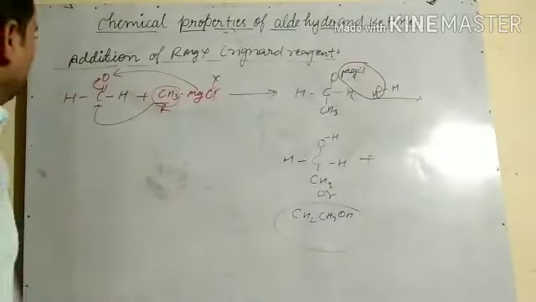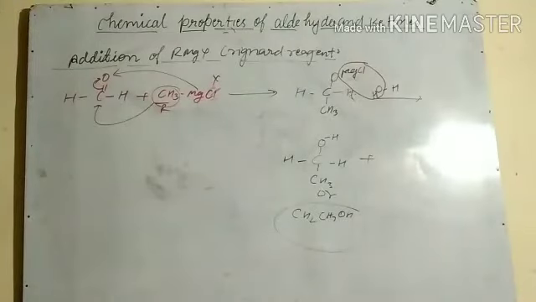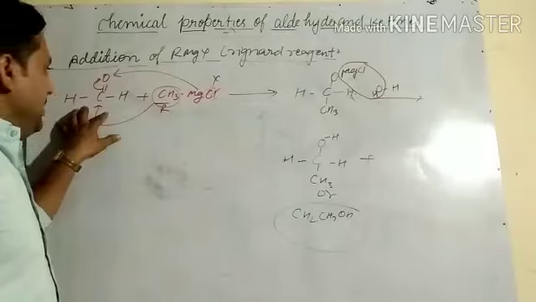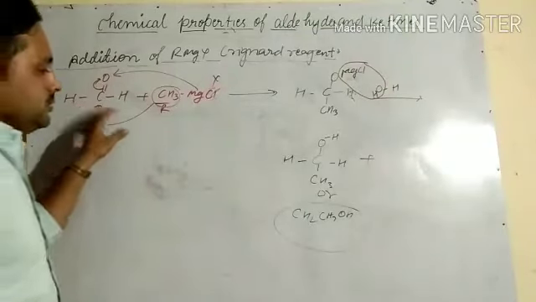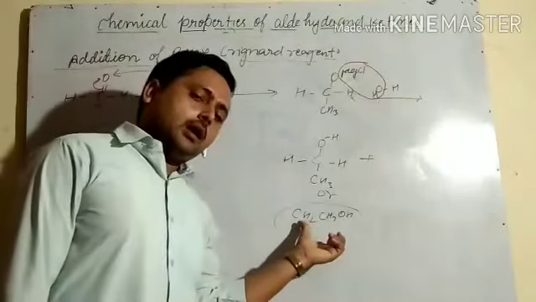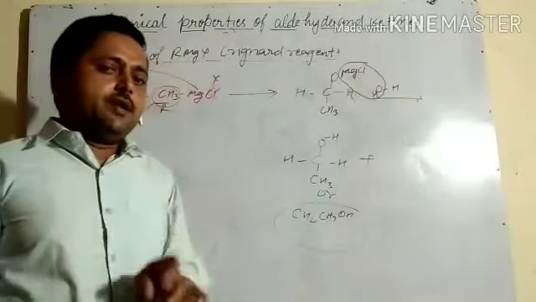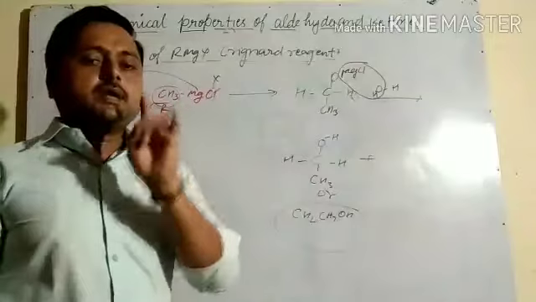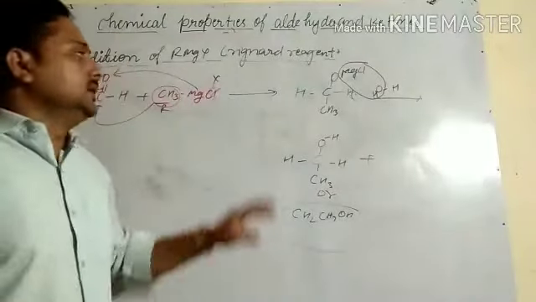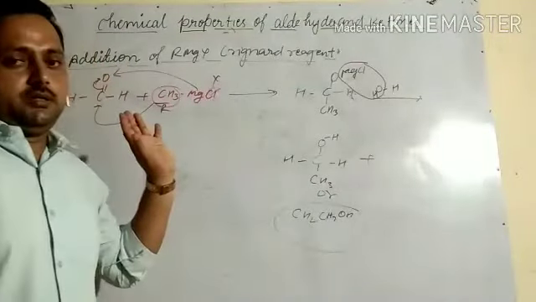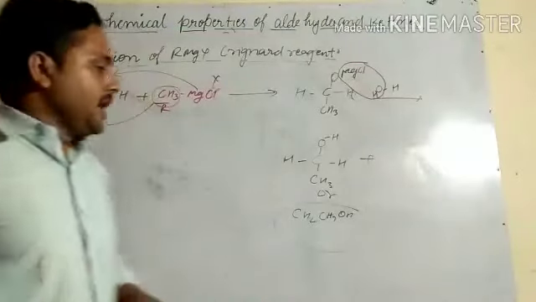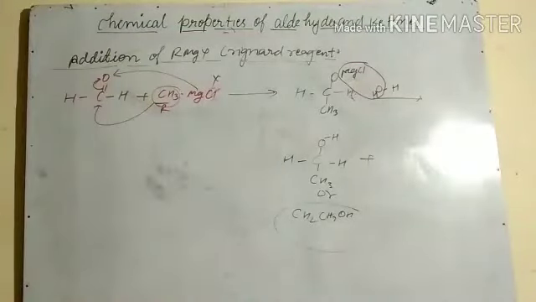If we have taken formaldehyde, we got a primary alcohol. The limitation of this reaction is that we can't prepare methyl alcohol by this reaction, and we prepare that primary alcohol, that is ethyl alcohol.